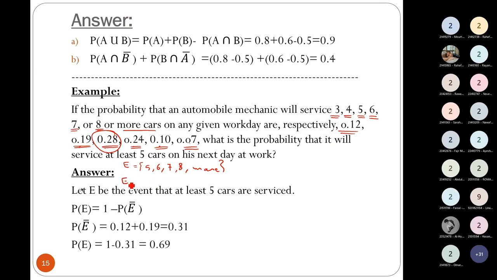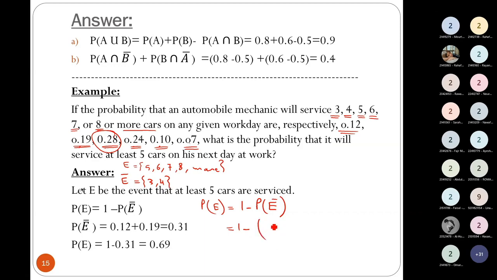The event complement equals what? Services 3 or 4. So if we need at least 5, meaning 5 or more, this equals 1 minus the probability of the event complement. This is just 3 or 4.